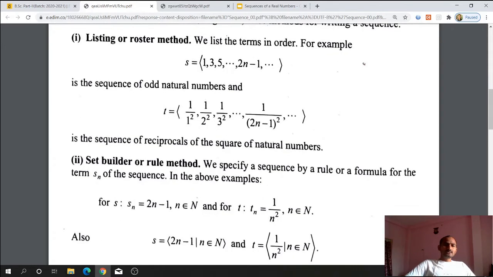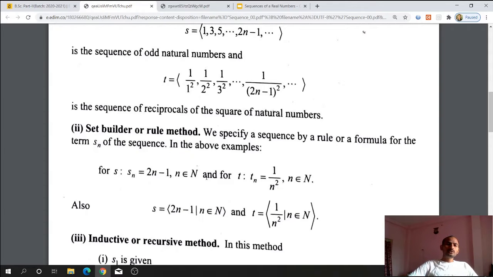Let's see another method, the set builder or rule method. In this method, we specify the sequence by a rule or formula for the terms Sn of the sequence. So let's take one example. Sn is equal to 2n minus 1, n belongs to N. So this S is a sequence of odd numbers.